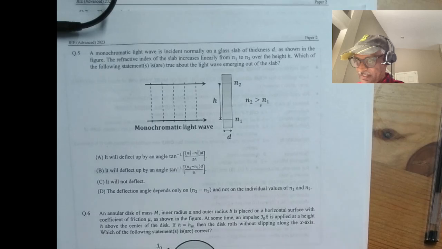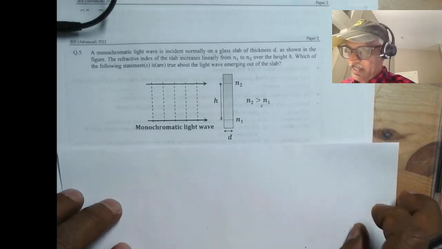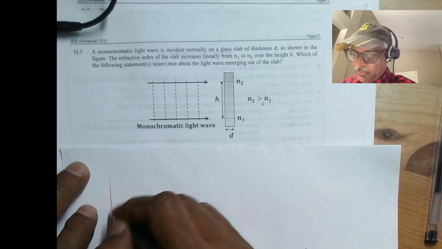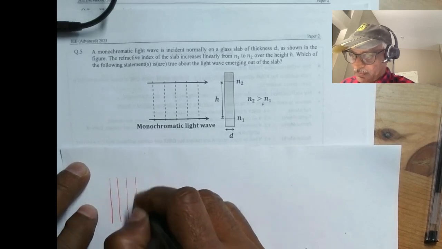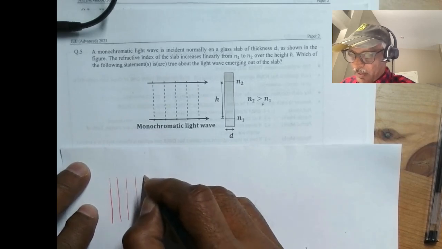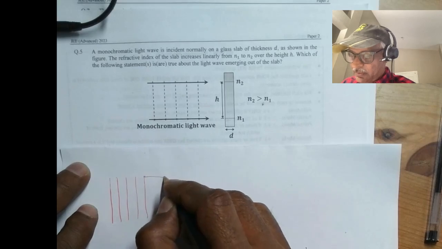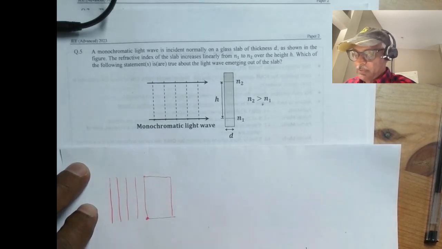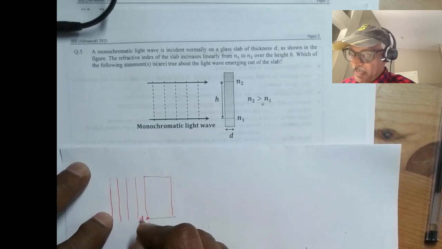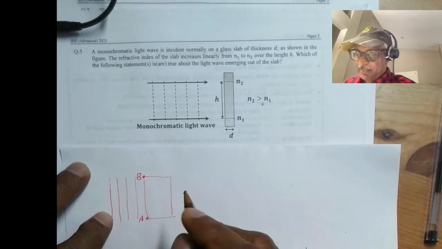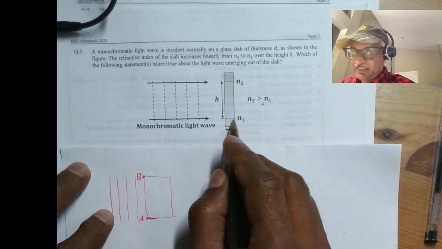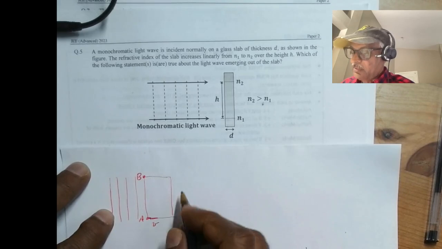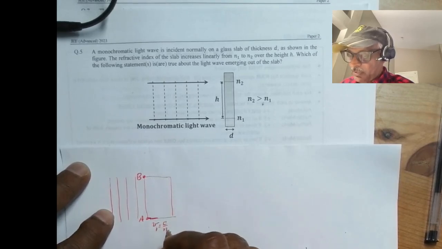So how do we do it? I already identified the principle here: the wavefront is coming and enters the slab. Let's look at a point A and point B. Over here the refractive index is n1, so the speed of the wavefront, let's call it v1, is c over n1.